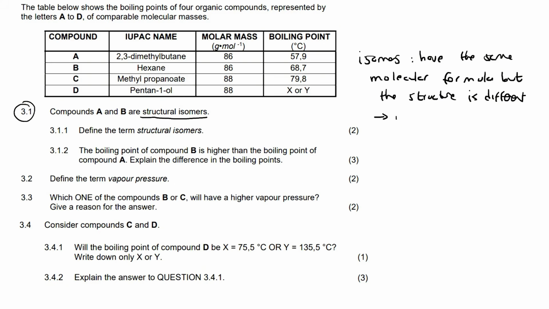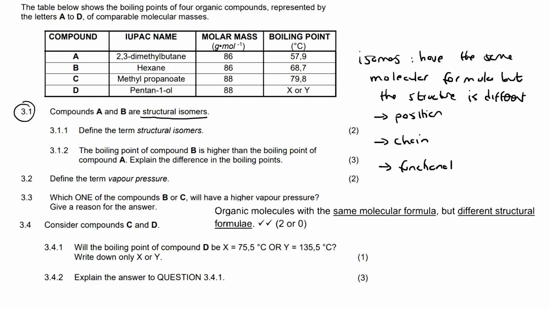Now you either get position isomers, chain, or functional. Okay, so they said compounds A and B are structural isomers. Define the term structural isomers. Okay, so here's the basics of it, but now I'll go get you the proper definition. Okay, so here it is. It's organic molecules with the same molecular formula, but different structural formula.